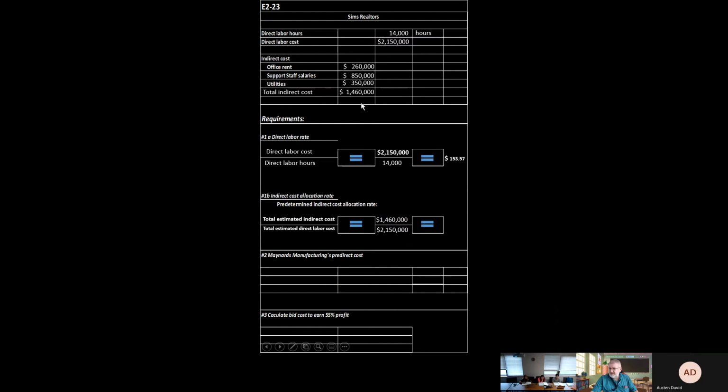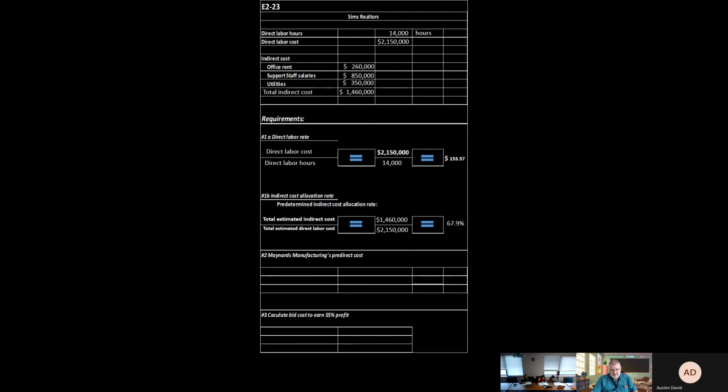In this case, it's the 1,460,000 divided by the 2,150,000. That gives us a 67.9%. That's going to be a key number when we get to calculating later the amount that we're going to bill somebody. Okay? So what's our next thing we have to do?